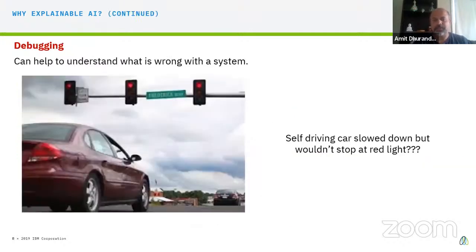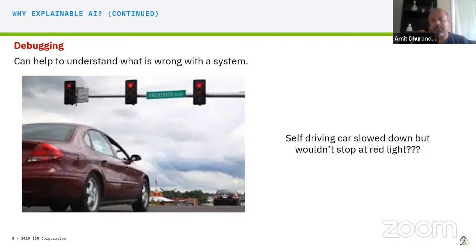Then there was also this incident with self-driving cars. Again, this was a few years back, where they had an issue with a particular type of car, and I don't want to mention the company, which, when it saw a red light, would slow down, but wouldn't stop. It just kept on going. So they investigated this. One of the reasons was that the braking system had been used in another type of car.